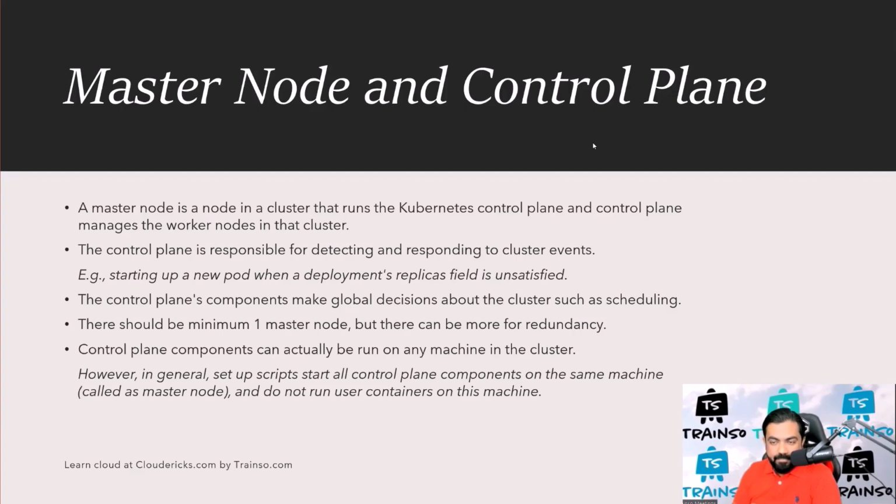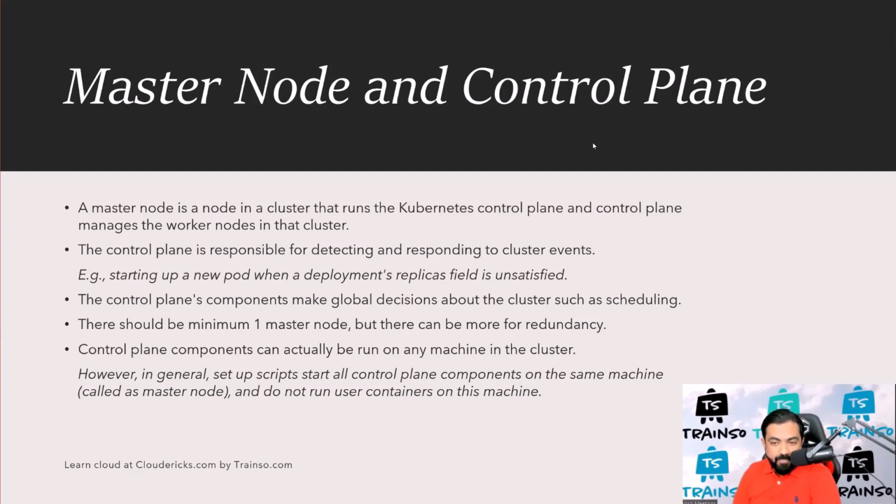So if you say that, okay, we need 4 pods always, then Kubernetes will make sure that we have 4 pods always. And if any goes down, or even if we delete it, Kubernetes has mechanisms to bring another pod and then replace that failed pod or deleted pod. The control plane's components make global decisions about the cluster, such as scheduling.